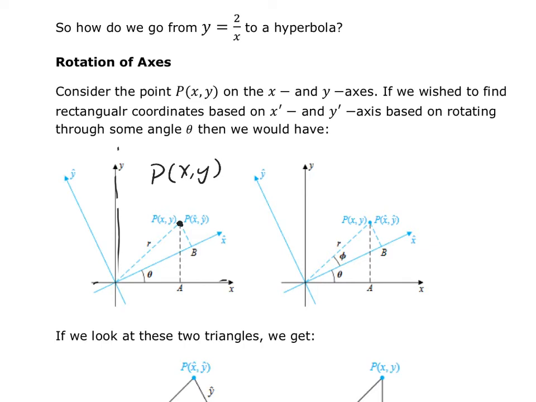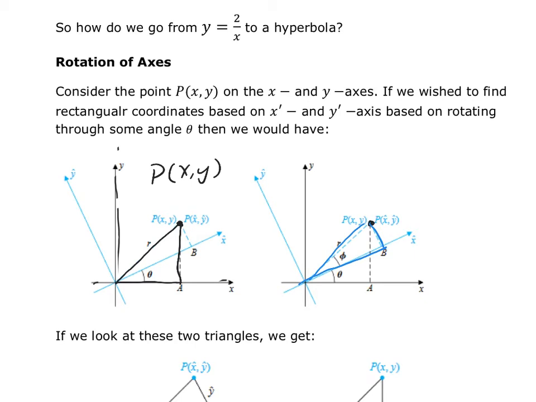Now that point is still in the same position after the rotation. The difference is the triangle that's built on the original looks like this. The triangle that's built on the rotated axis looks like that.